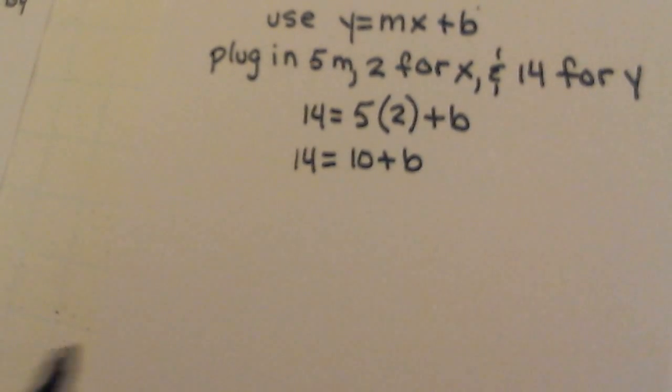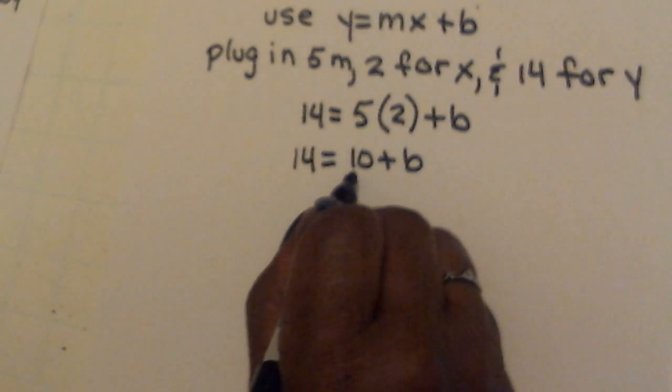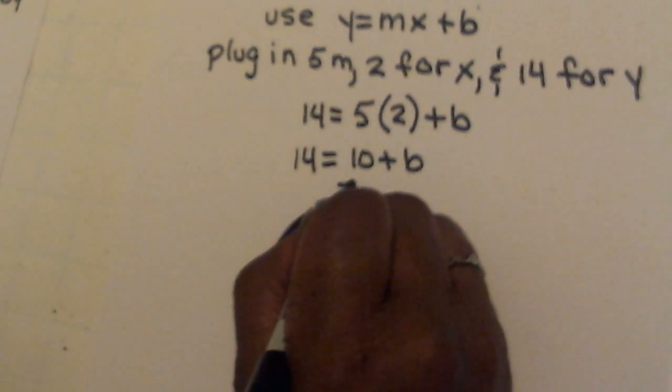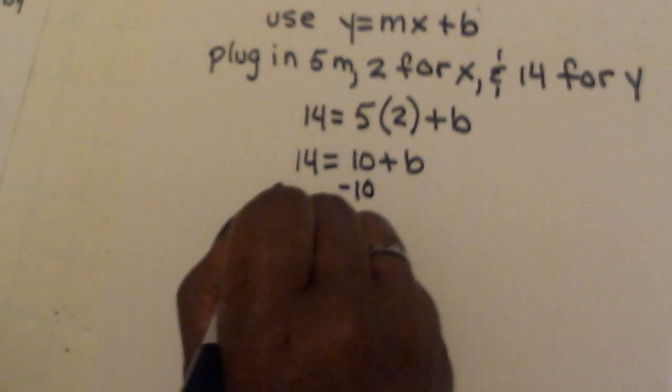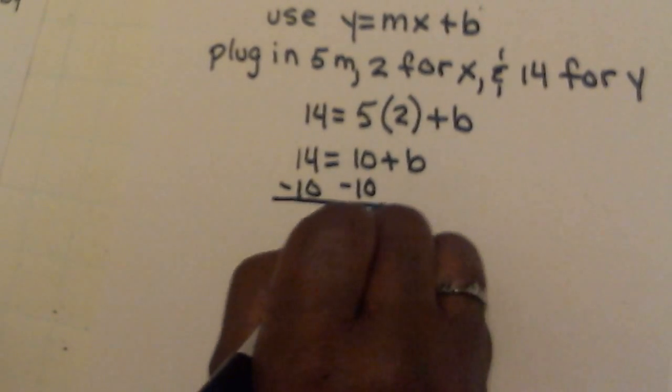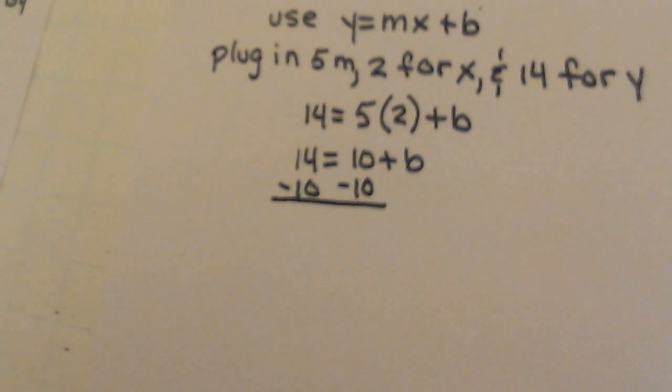Use the additive inverse. I know you know how to do it because this is solving a one-step equation. The additive inverse, the opposite of positive 10, is negative 10. And remember, we have to do it on both sides of the equal sign.